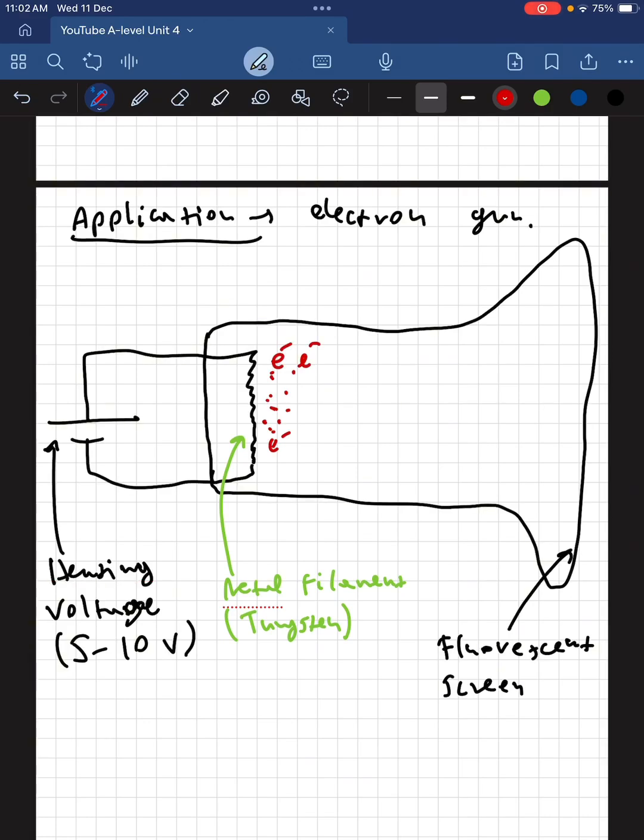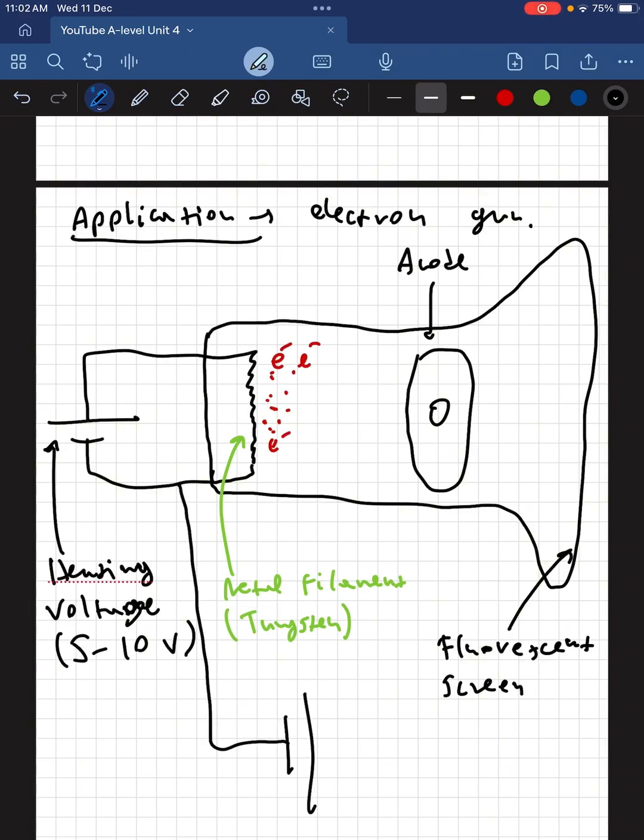Then you can apply an accelerating potential, so an accelerating voltage. Let me use black again for it. So you can set up something that is called an anode, okay, and connect here an accelerating voltage. This is the positive side, so this is positively charged, and you can set up an accelerating voltage.